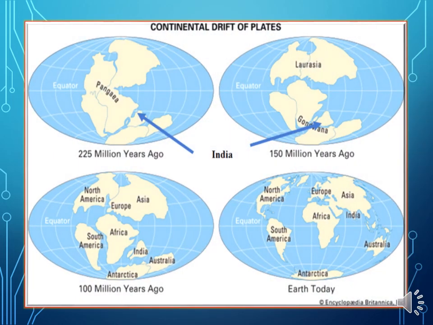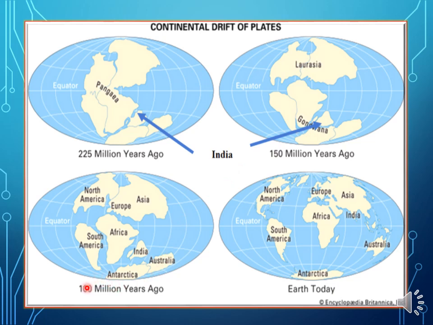Here in this picture, you can see the continental drift of plates. About 225 million years ago, there was only one continent called Pangaea. Then, about 150 million years ago, it started dividing into two continents. North side it is Laurasia, south side Gondwana. So the South Indian portion, the peninsula, was part of Gondwana land.